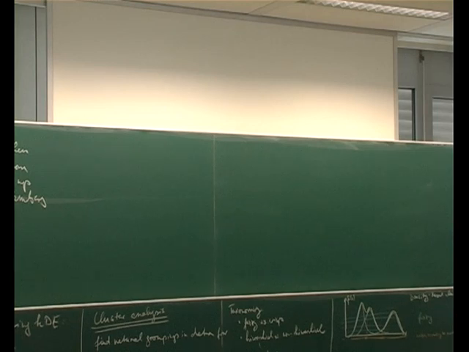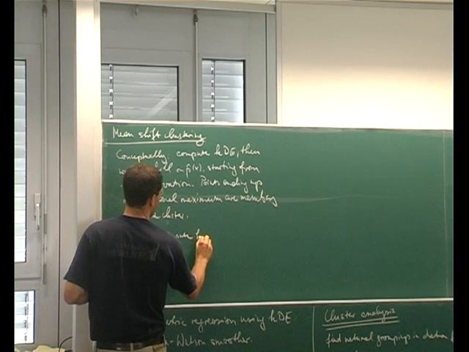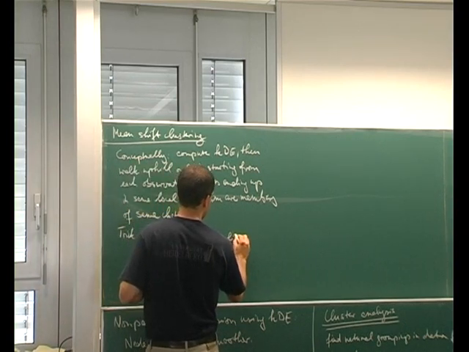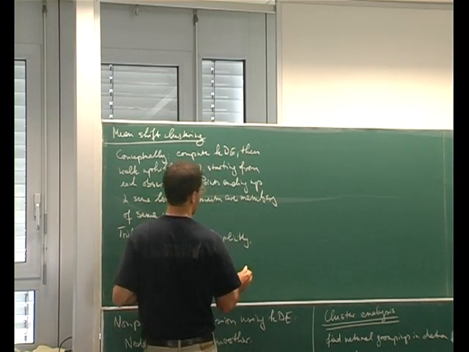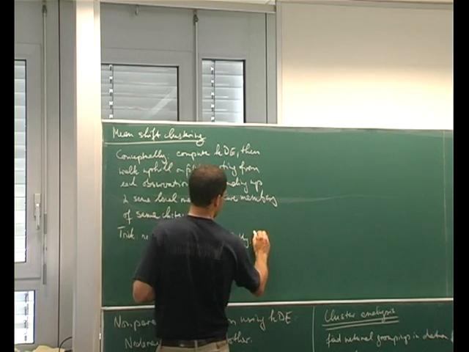So the trick in mean shift clustering is to never compute the kernel density estimate explicitly, but still get the same result.